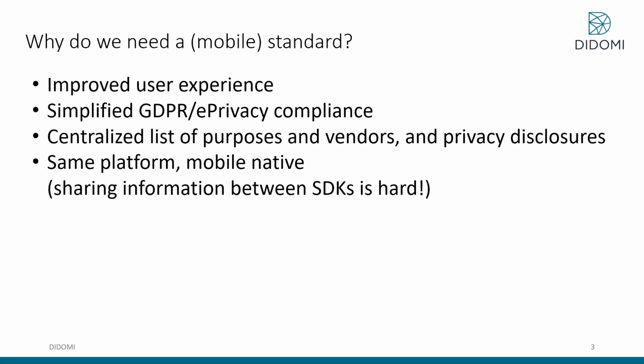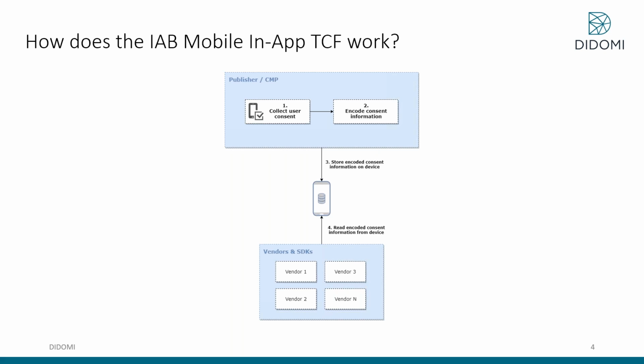The key question there was that sharing information between SDKs or between vendors in a given app is pretty hard from a technical perspective, where you don't want them to be calling each other or calling into a third-party SDK that would be the CMP, passing references around and things like that. So we needed to find a way to share that information in a more secure and stable way.